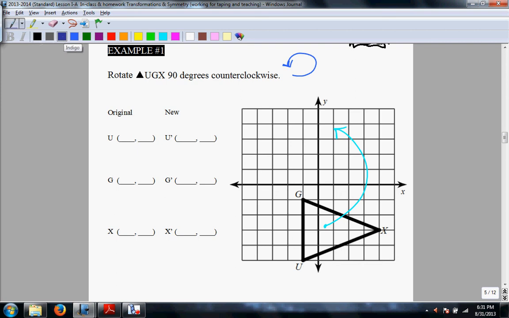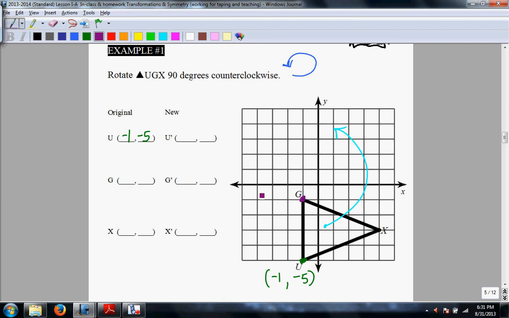Now let's get these 3 points here. Our first point is U, and that coordinate is 1, -1, and 1, 2, 3, 4, and -5. So that's our original U coordinate, -1, -5.